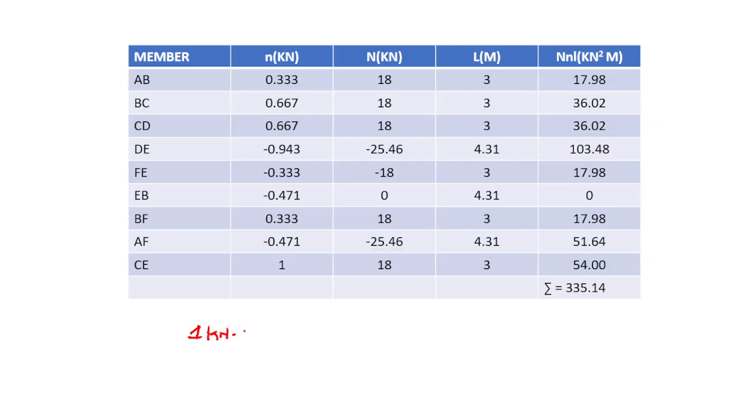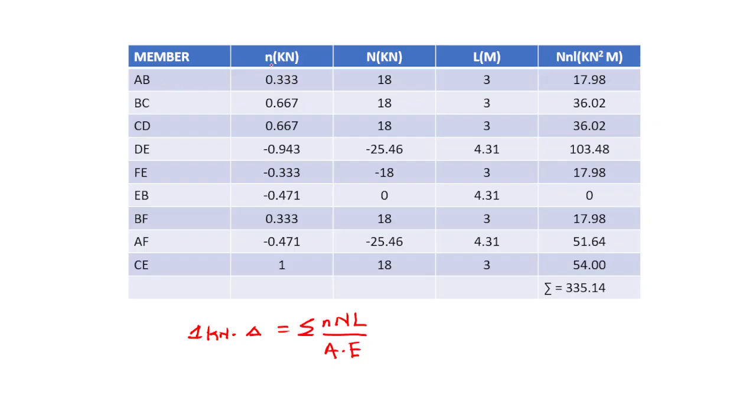So that's 1 kilonewton times the displacement, equals the summation of virtual force times real forces times the length, all over area times your modulus of elasticity.